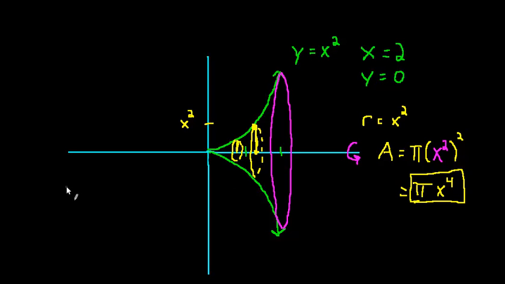Now we're going to let the integral collect all of these disks, and I want you to think about where we're doing that from. We're collecting them from here at 0 all the way to 2, all the way out here. What's the area of one disk? It's pi times x to the 4th.